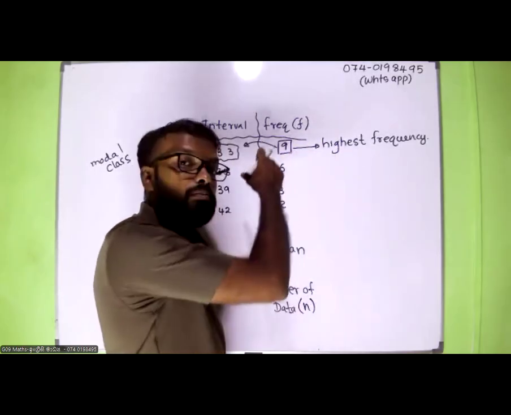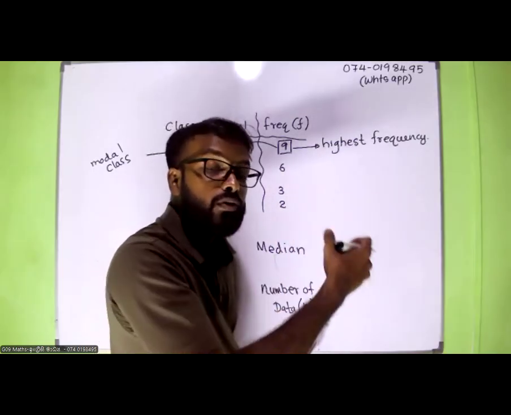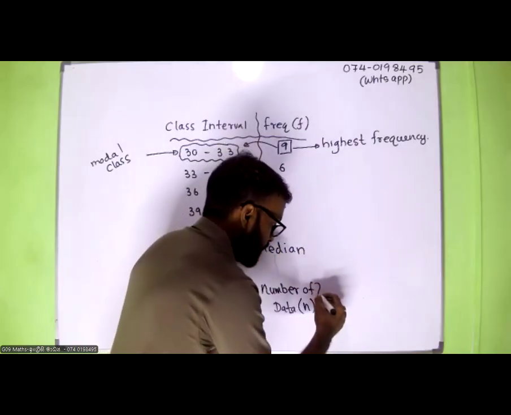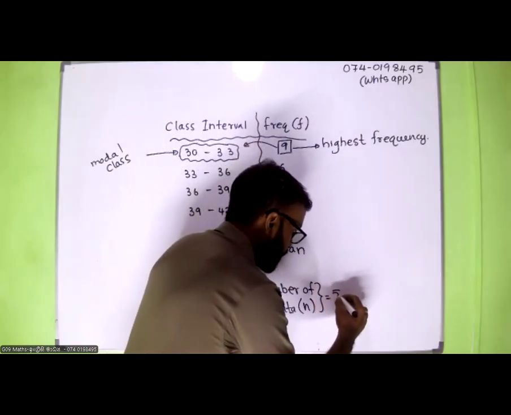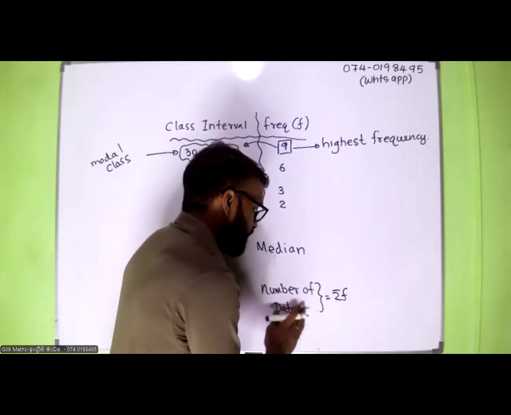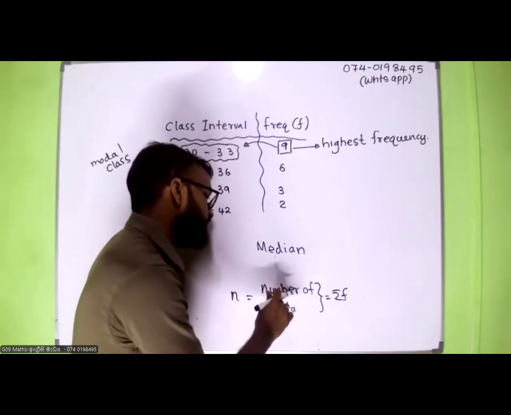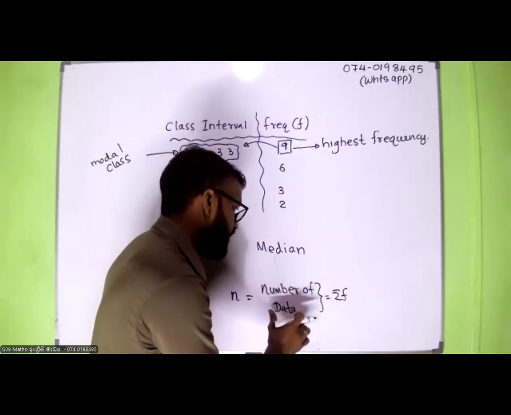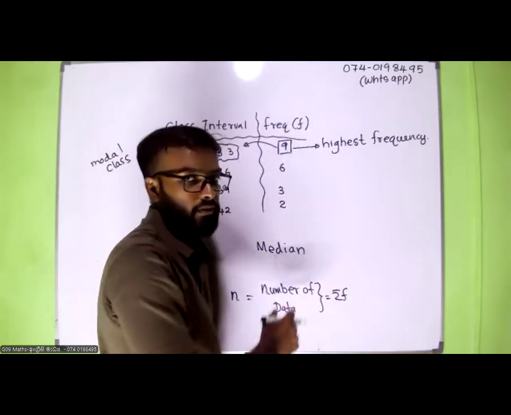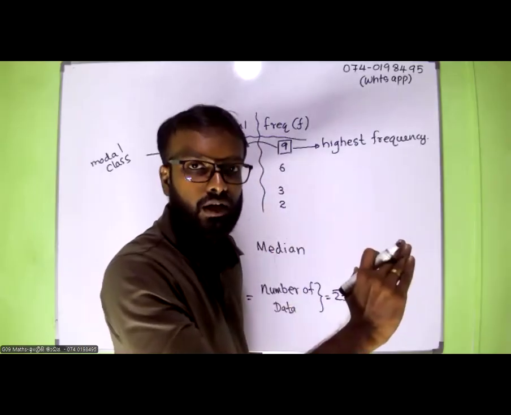But when it comes to the ungrouped frequency table or the group frequency table, we refer to it as sigma f. So very basically, I will refer to this as n, or any other word, number of data, or when it comes to this table, it is sigma f. Three of them are equal to the number of data.